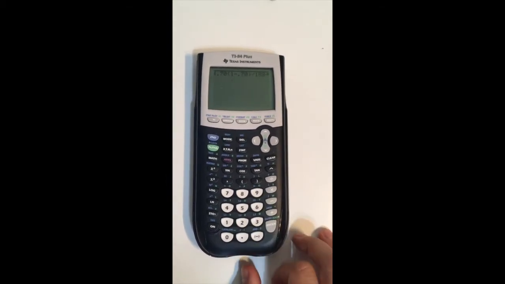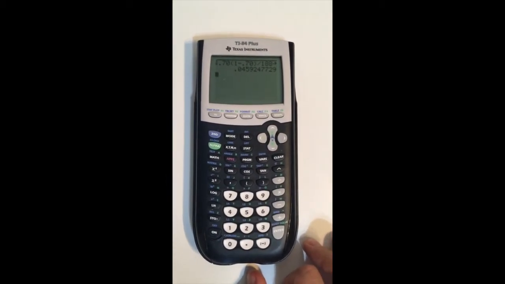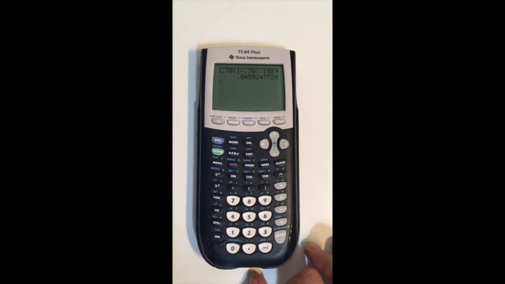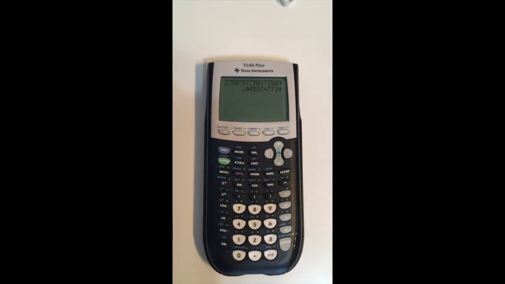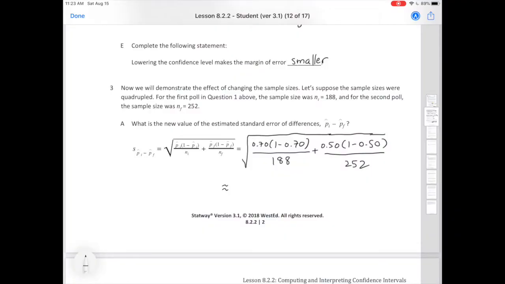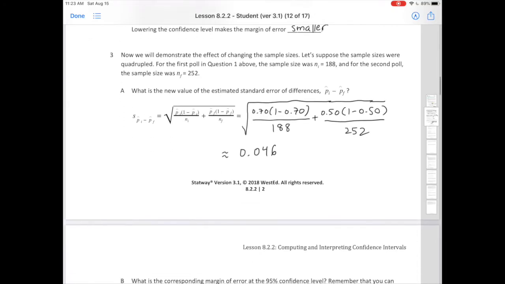And then you hit enter, you get 0.046. So this is what has happened to our standard error, and you can already guess what this effect is going to have on the final answer. Okay, so let's keep going.